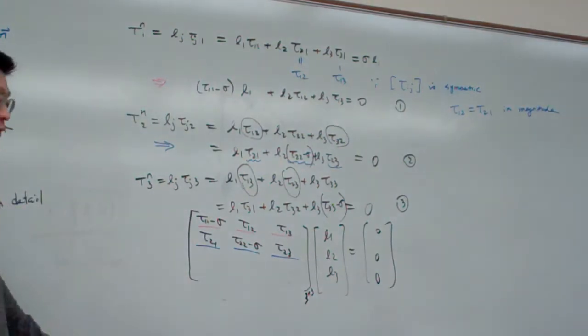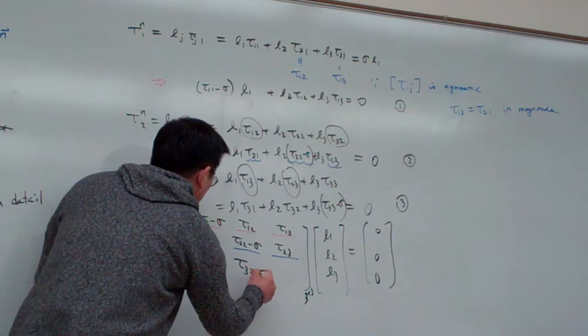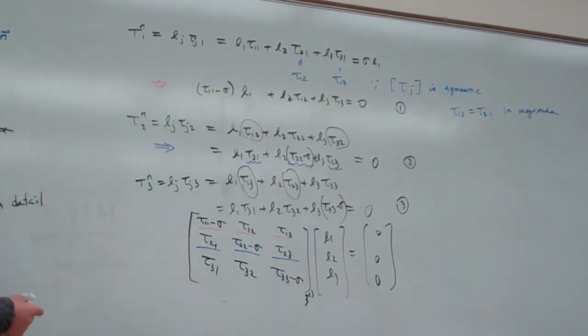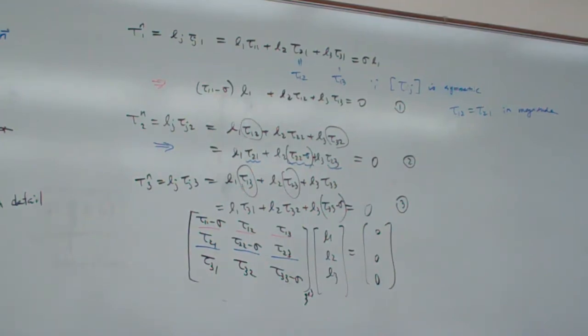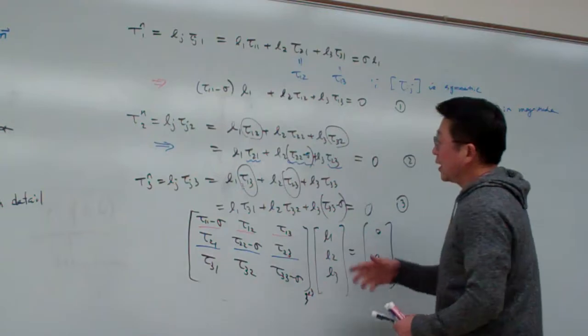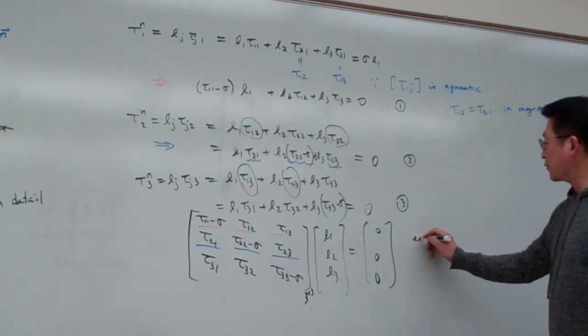Okay, and you can repeat the same process in the last one: tau 3, 1, tau 3, 2, tau 3, 3 minus sigma. On this side, we're working on the details of how to solve for those equations. This one is the eigenvalue problem.